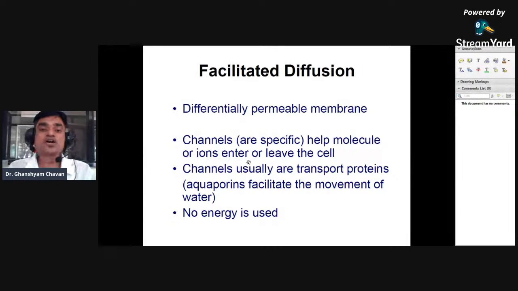In between the phospholipids of the semi-permeable plasma membrane, aquaporin channels are available, and through those aquaporin channels the movement of water will occur, due to which the transportation of that water or solute will occur.